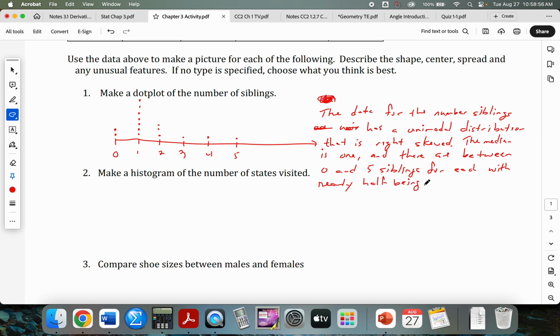Now, that's not something that it tells you to do, but that's part of the unusual features. Nearly half of the people had 1 sibling. And I might add, and only 1 sibling each for 3, 4, and 5.